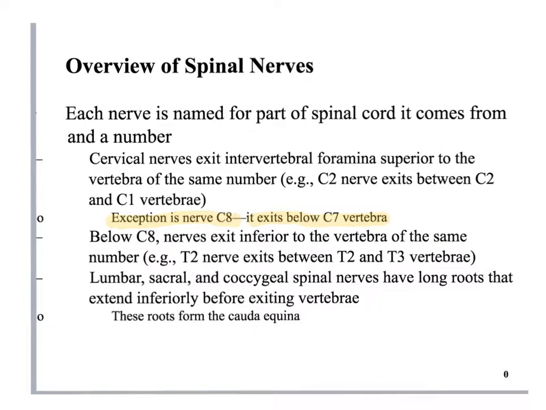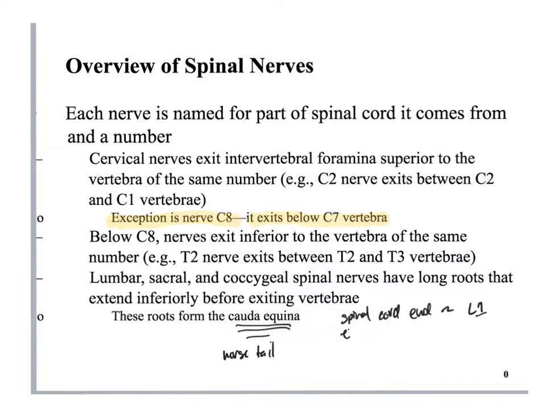The spinal cord ends at around L1, lumbar vertebra 1. Inferior to L1, you have the cauda equina, which literally means horse tail. The cauda equina is nerves that emanate off.